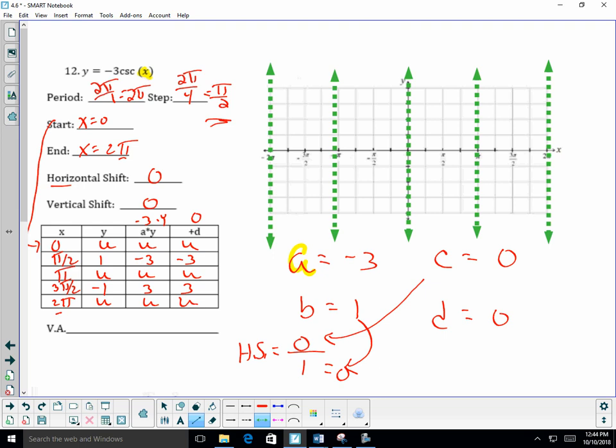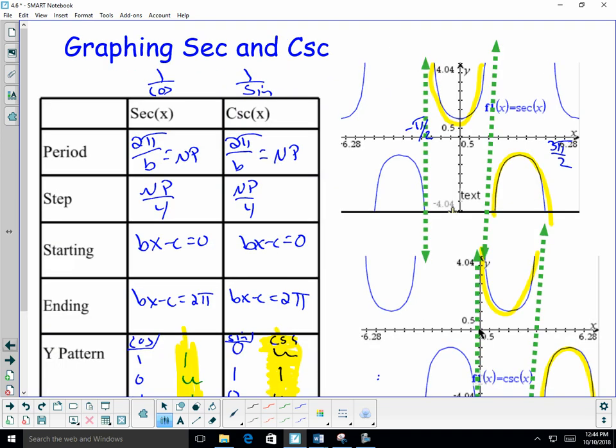And I'm only going to be graphing 2 points. One of those points is pi over 2, negative 3. I have that dot there. And then the other one is 3 pi over 2, positive 3. Now, if you go back to the graphs when I first did this, you can see that you have these little parabolas.